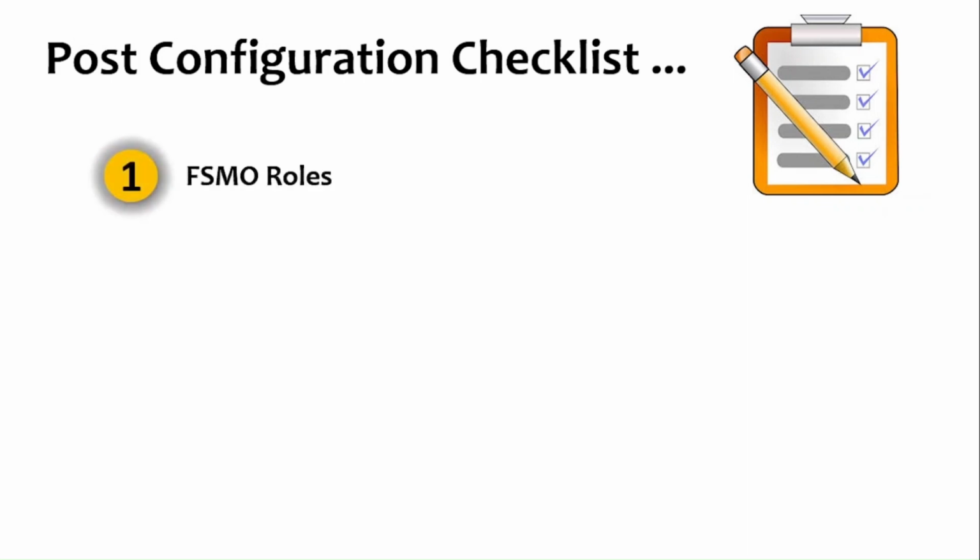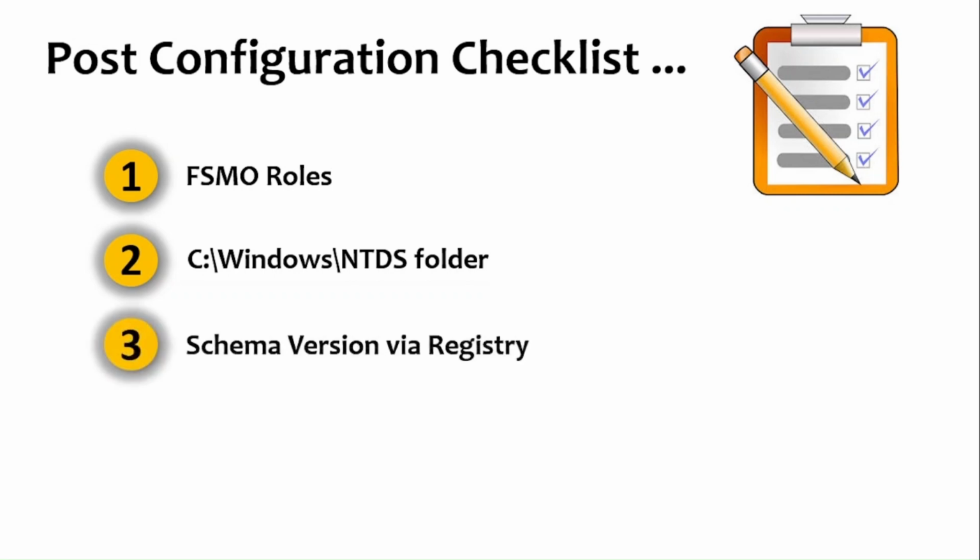So first we'll check the FSMO roles, and we'll check the C:\Windows\NTDS folder where our Active Directory database resides. We'll check the schema version of, say, Windows Server 2025. What is the schema version we are registering?